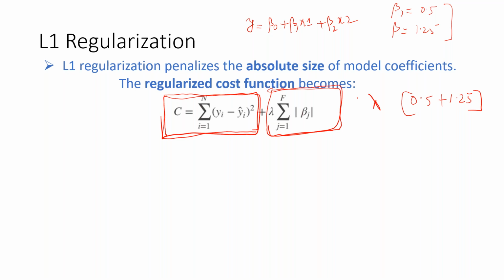This lambda I can decide, any value from 0 to positive infinity. This is what we call the strength of the penalty, lambda. This is also called a hyperparameter, because while calling the algorithm, I can choose this. And then the remaining calculation.